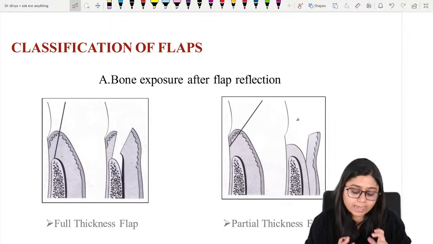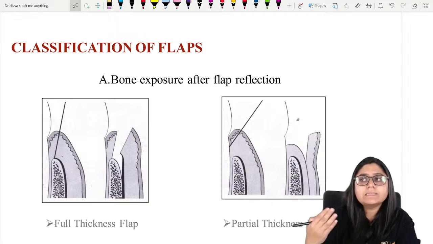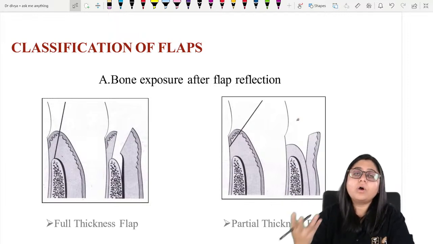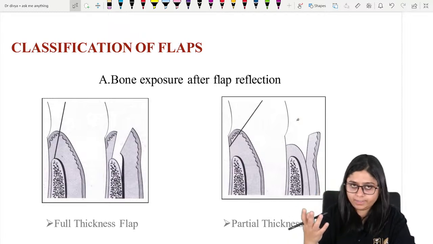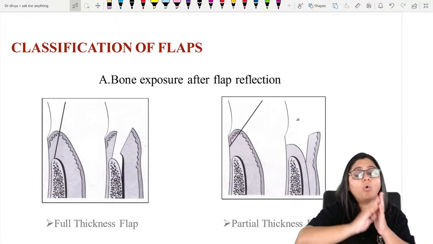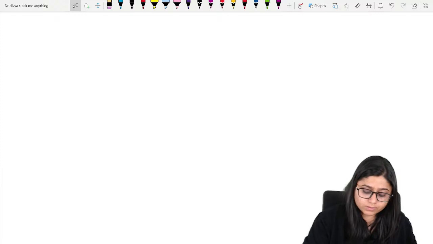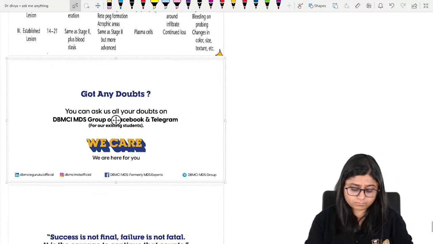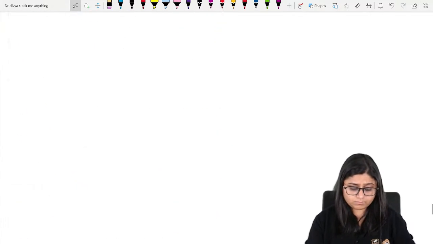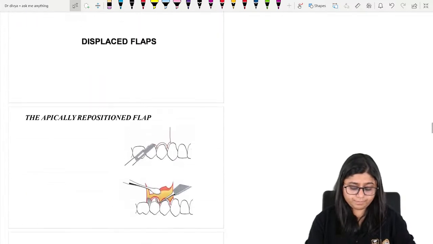So the flaps are classified based on the bone exposure, whether the bone is exposed or whether it is not exposed. So just think for a minute, when will the bone be exposed? When we raise the whole of the gingiva, right?